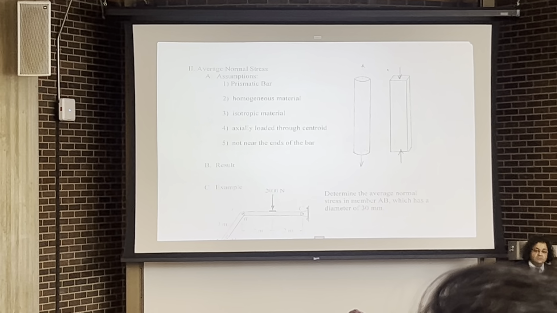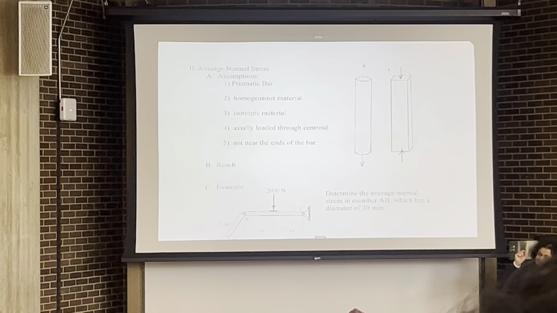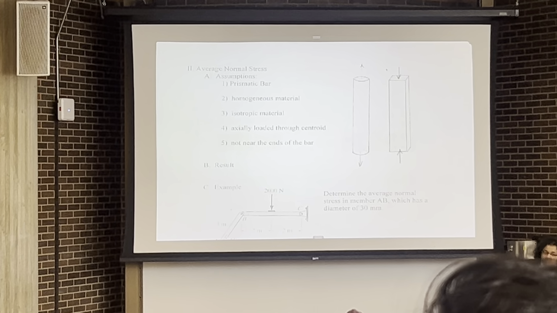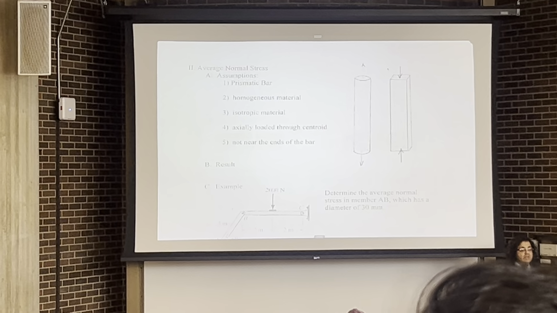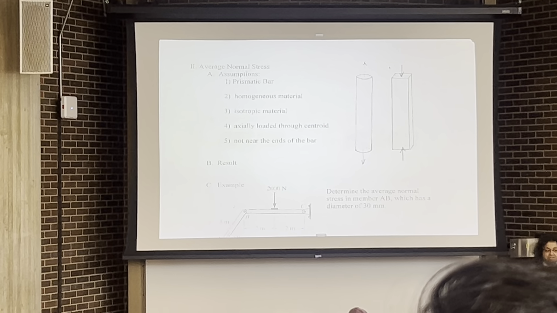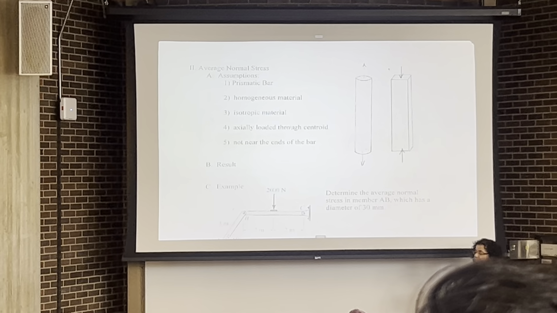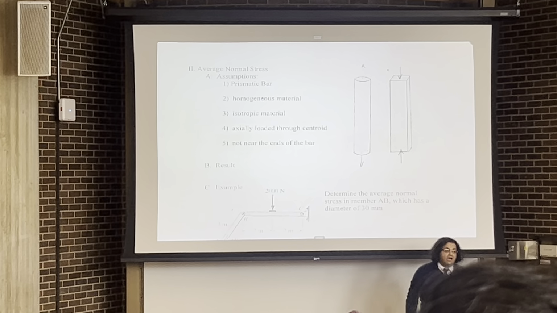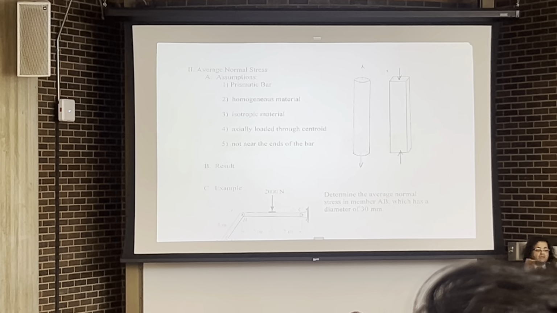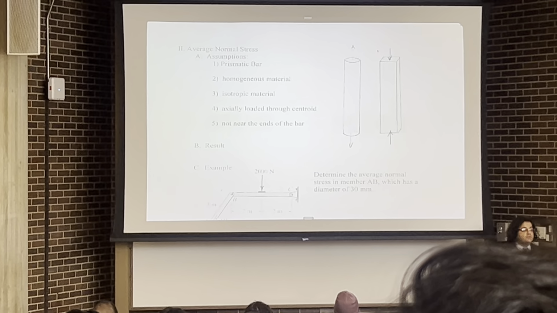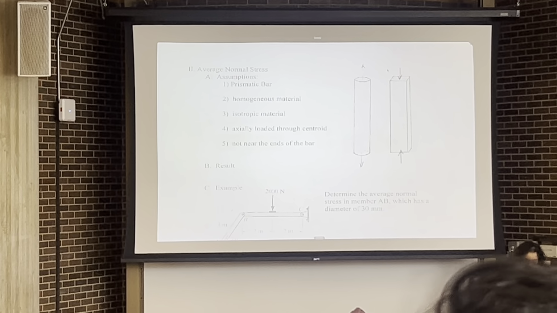In that case, we can easily divide the force by the area, because the value of the normal stress at every location is equal to the average normal stress. So what we would like to say in today's class is that for these types of prismatic bars, if these conditions are satisfied, we can confidently say that the normal stress is distributed uniformly, and we can easily calculate it. So let's go through these assumptions.